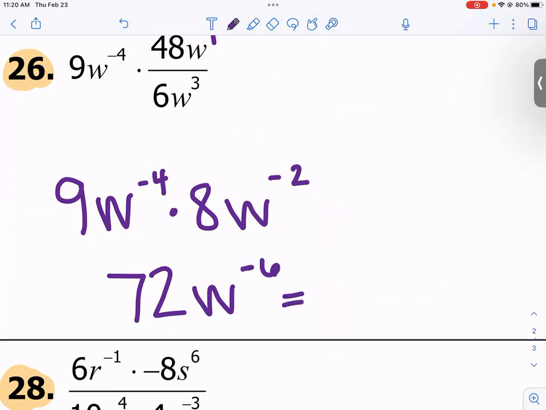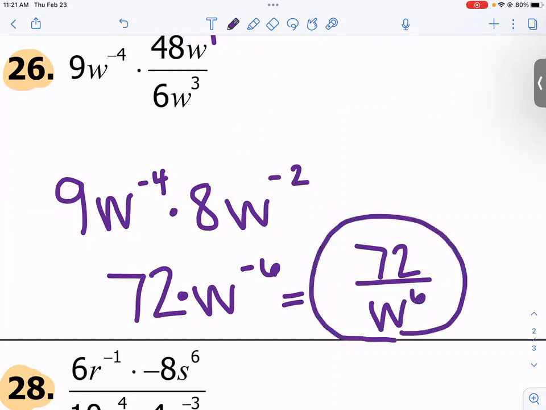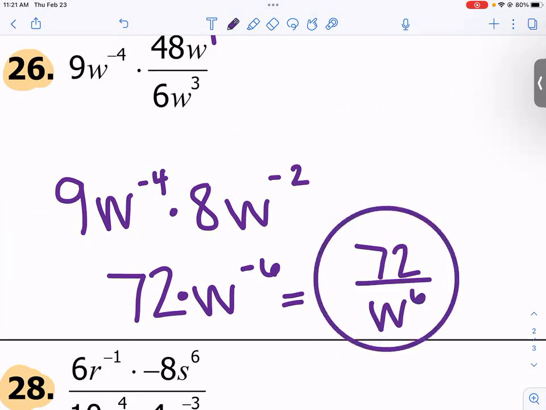Okay, but 72 does not have a negative exponent. The 72 stays and only the w to the 6th goes. And that's where I saw some groups maybe not getting quite right. Okay, since the 72 does not have a negative exponent, it gets to stay.